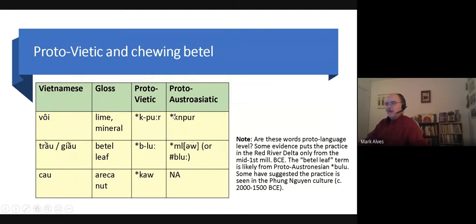Now, for Proto-Austroasiatic, we can reconstruct lime and betel leaf, not areca nut, but it looks like this goes back pretty far. I have seen different archaeological information, and I do not know. I thought maybe this was from, okay, so there's an Austronesian word, bulu, for betel leaf.